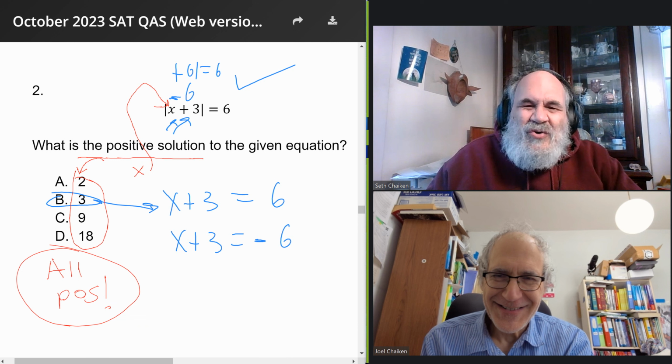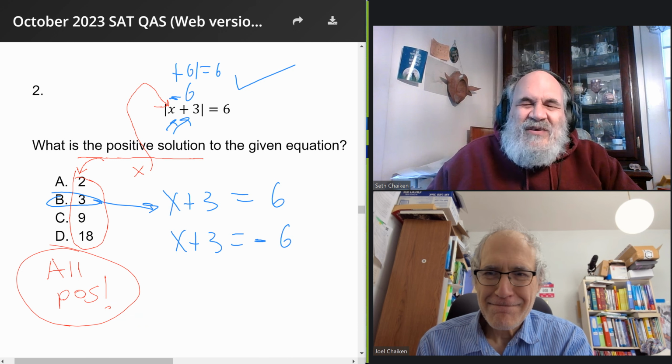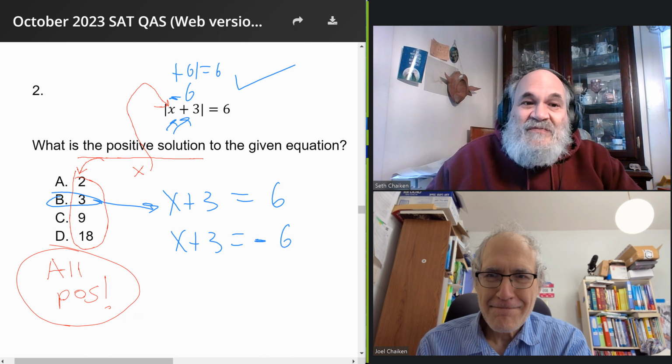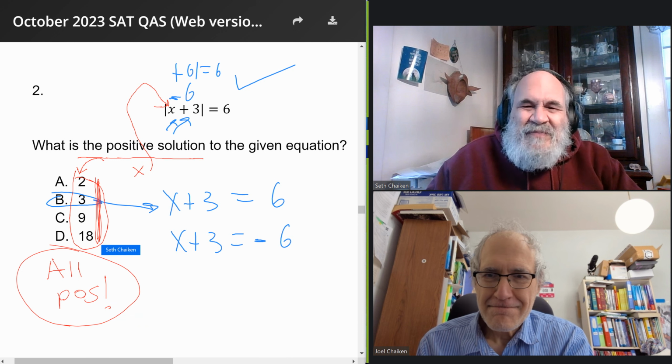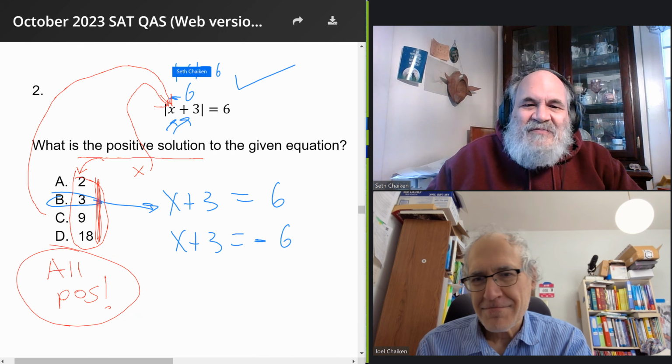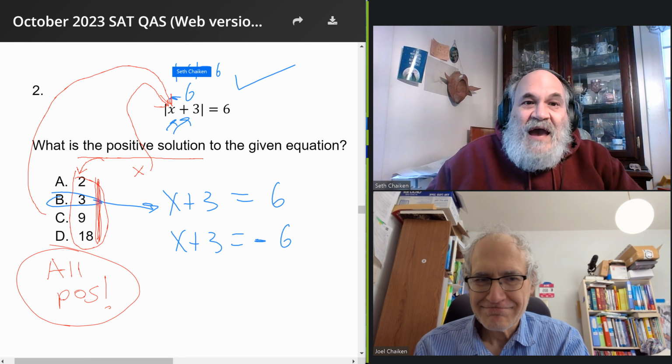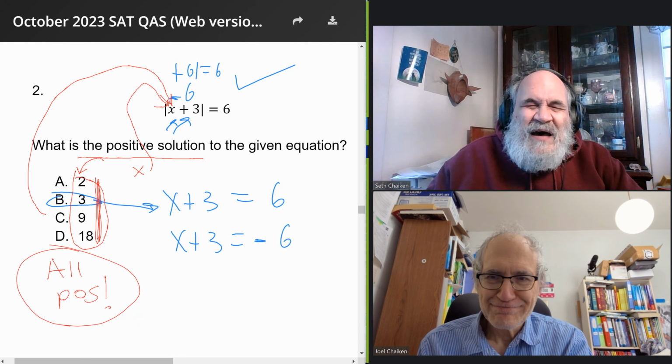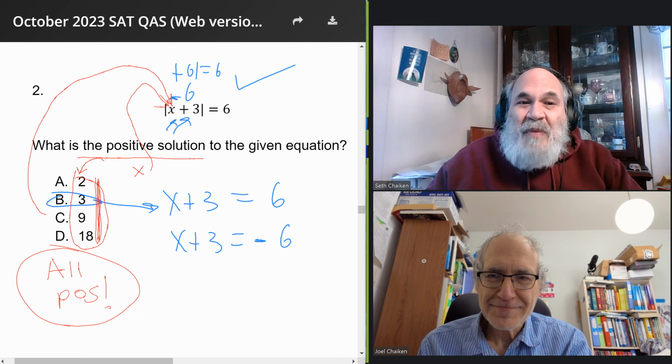So all you have to do is figure out which of these 4 numbers has the property that when you plug it in for x, the absolute value of the result is 6. Well, these are all positive.